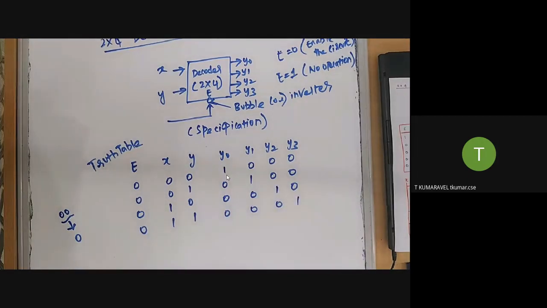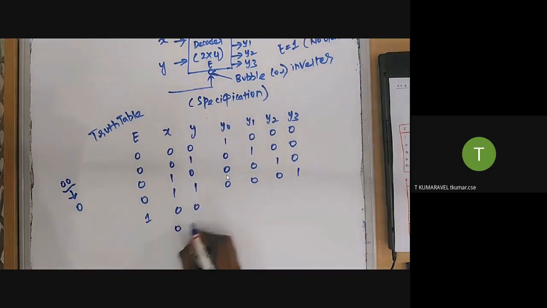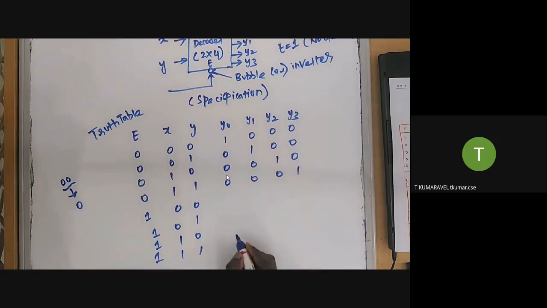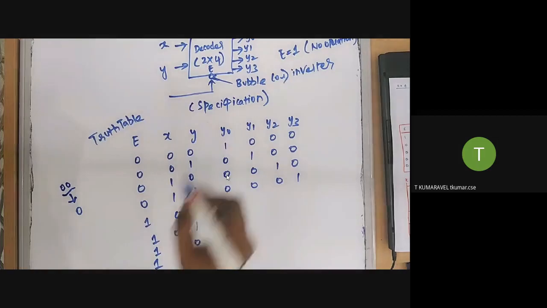Next, suppose I'm a user and I provide the enable input as 1. This is a two variable function, so four combinations are available. Already we have seen that this is an active low input circuit.